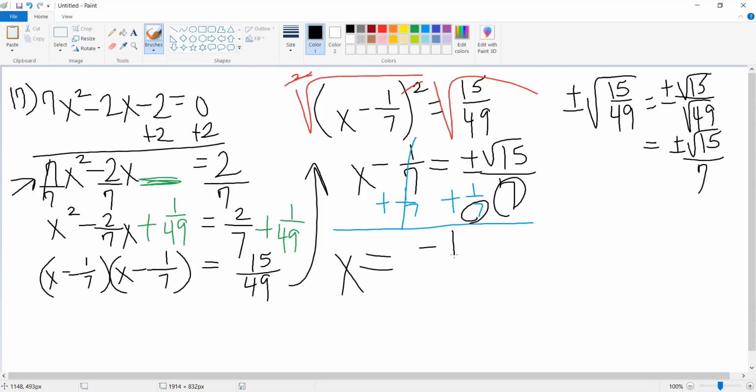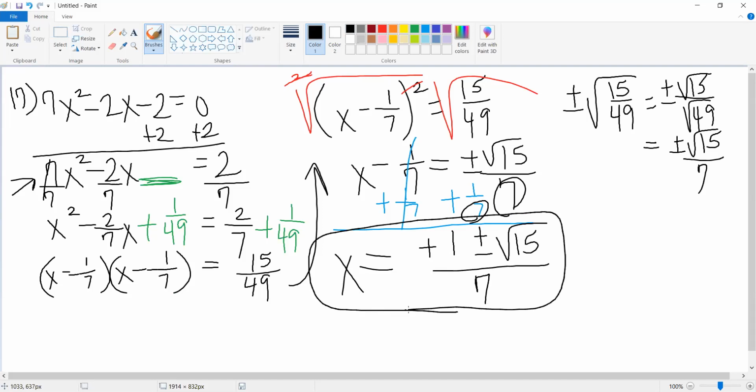So positive 1, I'm so sorry, plus or minus the square root of 15 all over 7.